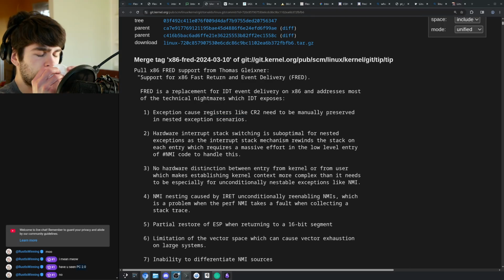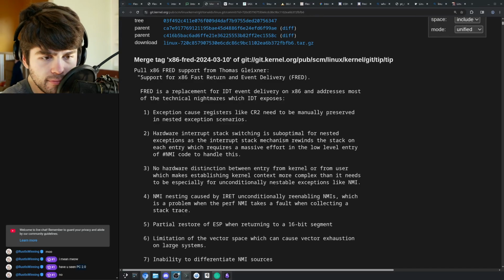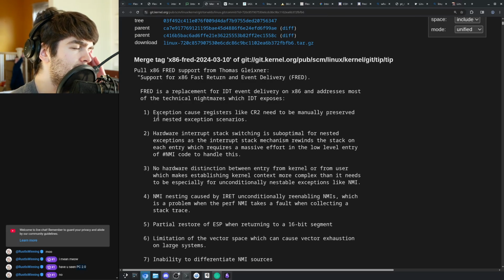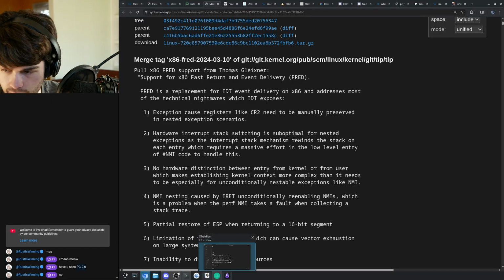Sorry. Exception cause registers like CR2 need to be manually preserved in nested exceptions. Okay, oh, because now it would be within the... Okay, we're starting to get it.